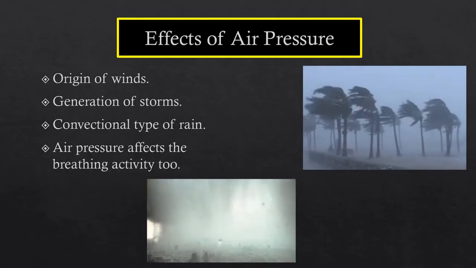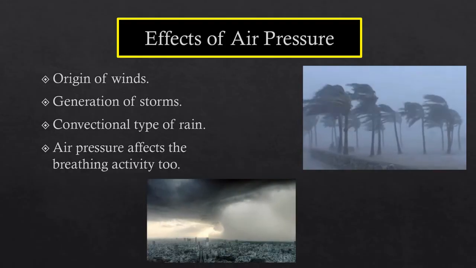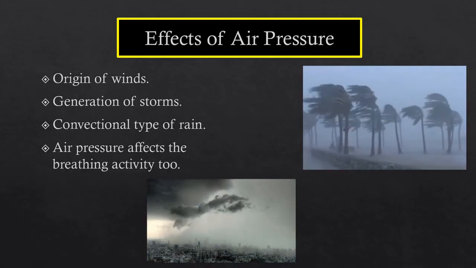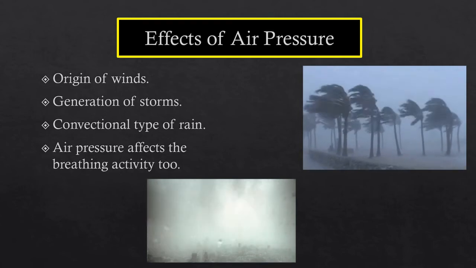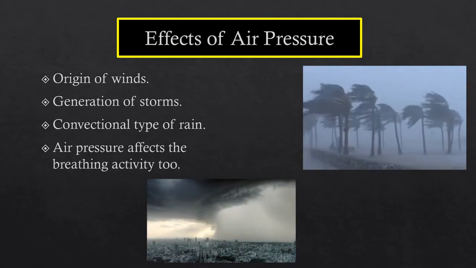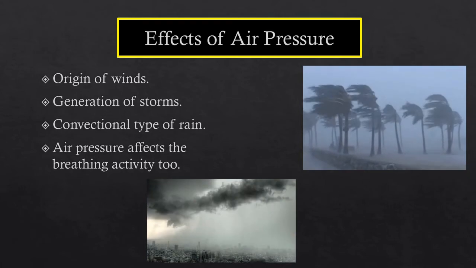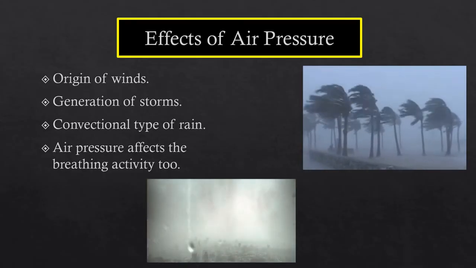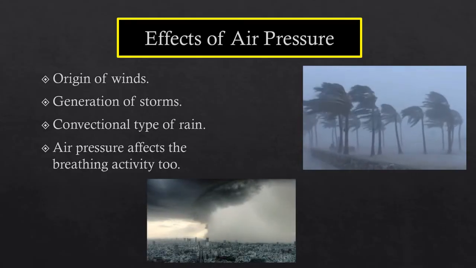Wind is the flow of gases on a large scale. On the surface of the earth, wind consists of the bulk movement of air. The wind is caused by differences in the atmospheric pressure.